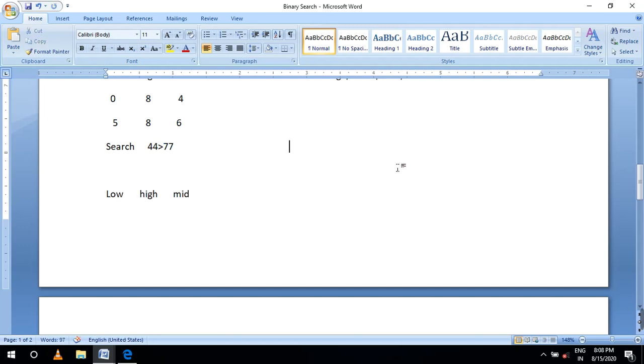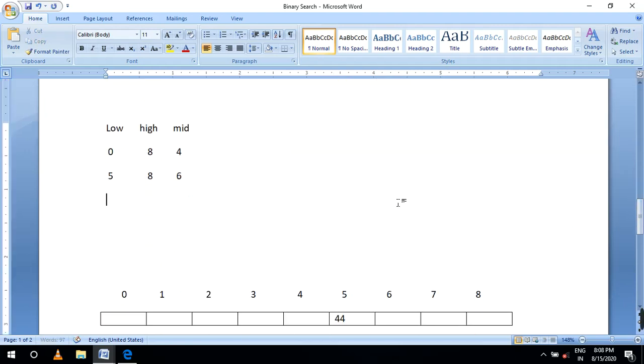So now the high value is 5, and the low value is already 5.